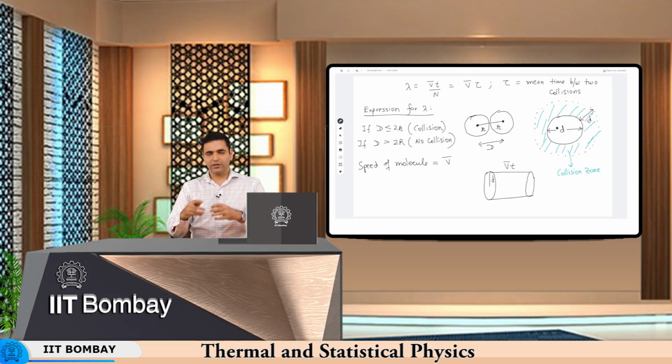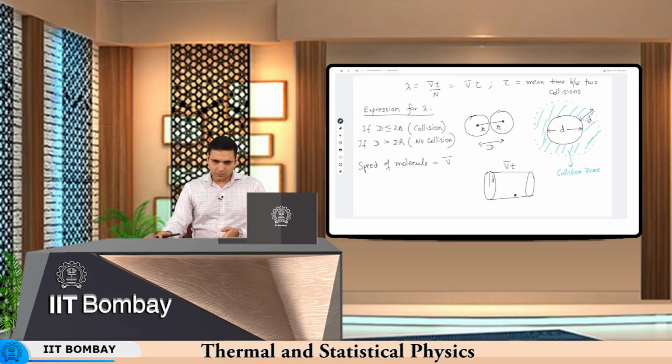This molecule is moving through the medium. Over a time t, it will move a distance of V t in a straight line. This is what I have drawn as a cylinder, and like I said, if there is another gas molecule which comes inside this cylinder, it will collide with this molecule, right.